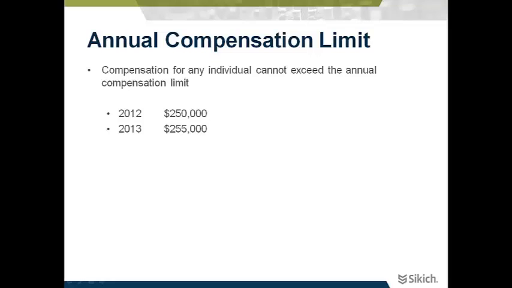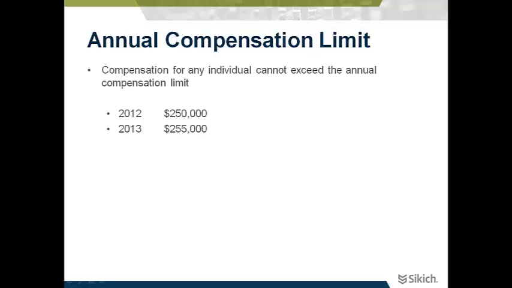Okay, while we're talking about compensation, it's important to note that there's a dollar limit on plan compensation, and the code provides that a plan can't base contributions on compensation in excess of an annual limit. That's code section 401(a)(17). So the limit is taken into account for non-discrimination testing as well.